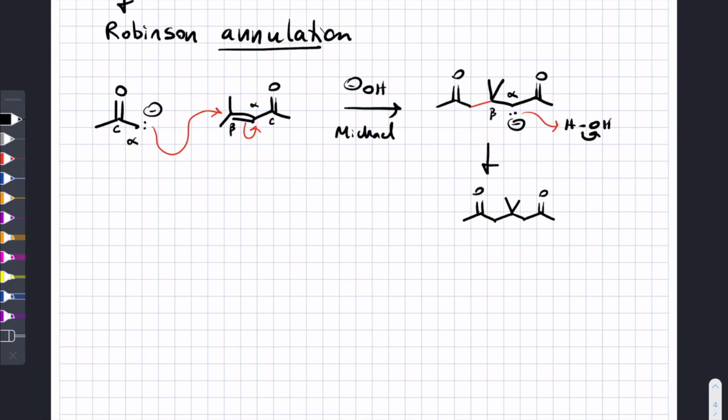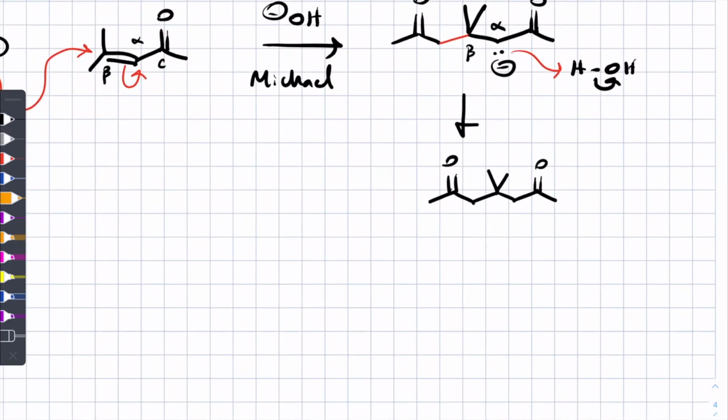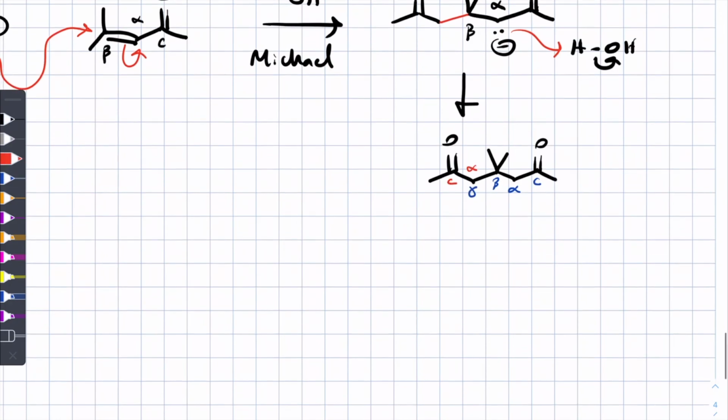I chose this example deliberately because, let's see, carbonyl, alpha, beta, gamma, which is also alpha to that one. Because this is a symmetrical molecule.